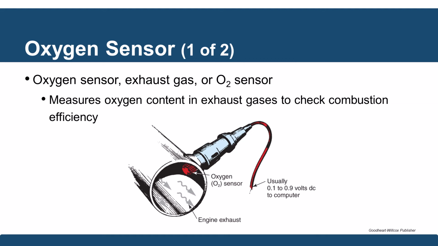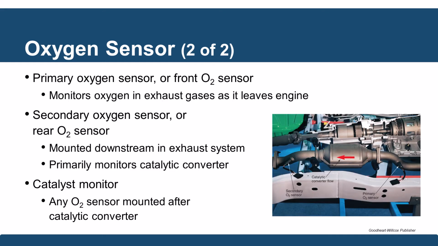Now, this is what they call a zirconium dioxide style sensor. You can tell that because it operates between 0.1 and 0.9 volts based on the oxygen content in that system. You'll also hear about air-fuel ratio sensors, a different style of sensor that performs a very similar function.